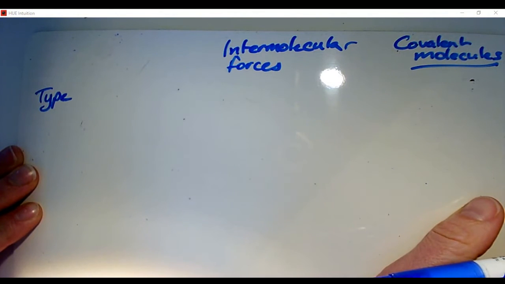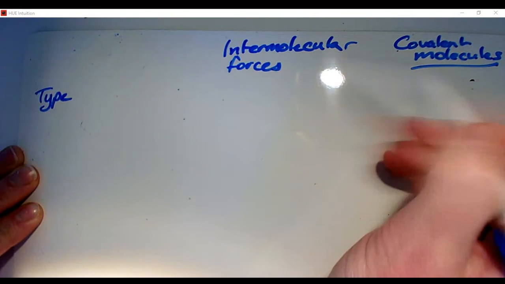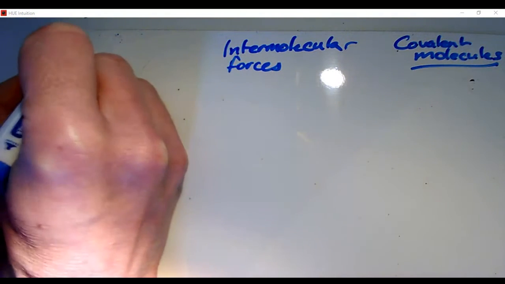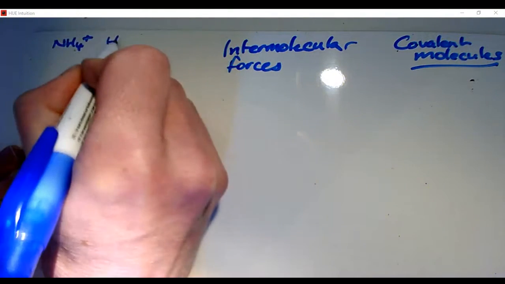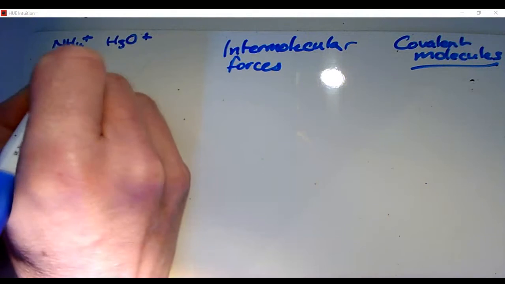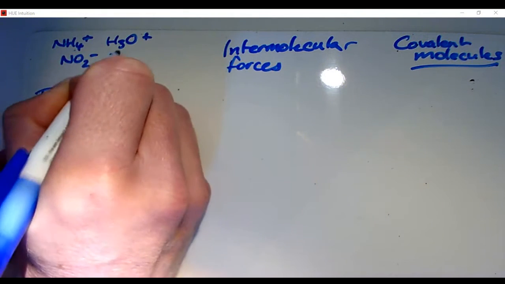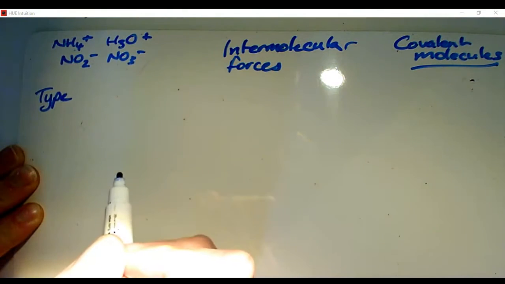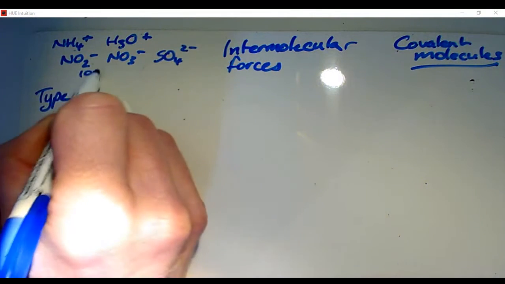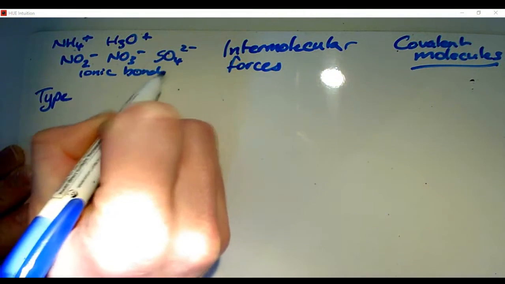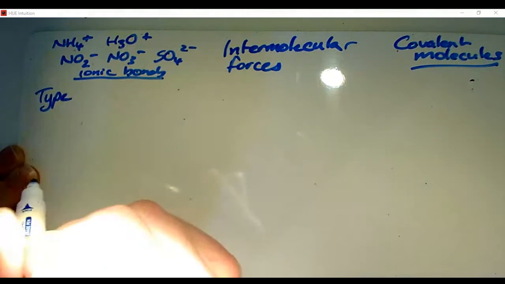I think we mentioned in the last video, if there's a molecular ion that has covalent bonds between the atoms but has an overall positive or negative charge, this is not going to apply. If it's something like NH4+, H3O+, NO2-, NO3-, sulfate, all of those are going to form ionic bonds, because they have a full negative or positive charge.